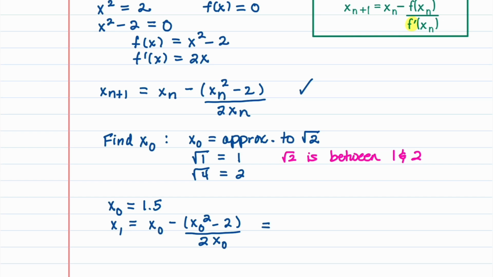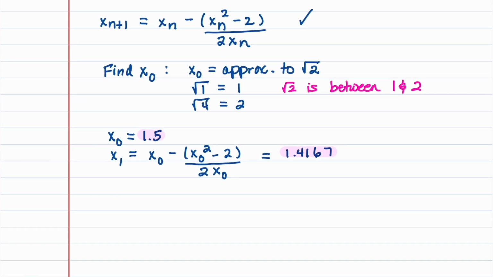Now what you have to do is take this formula, put it into your calculator, and let x0 be 1.5, and you end up with 1.4167. Let's highlight that, and then we'll go back and highlight x0. x1 and x0 do not agree, so we have to keep going.